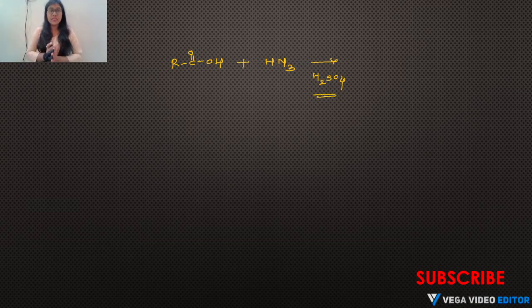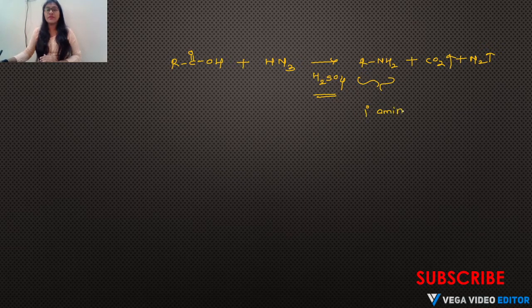This reaction takes place and we get the product RNH2 plus CO2 plus N2. The N2 and CO2 are byproducts and the product is a primary amine. This is hydrazoic acid, and the acid is used as a catalyst for this reaction.